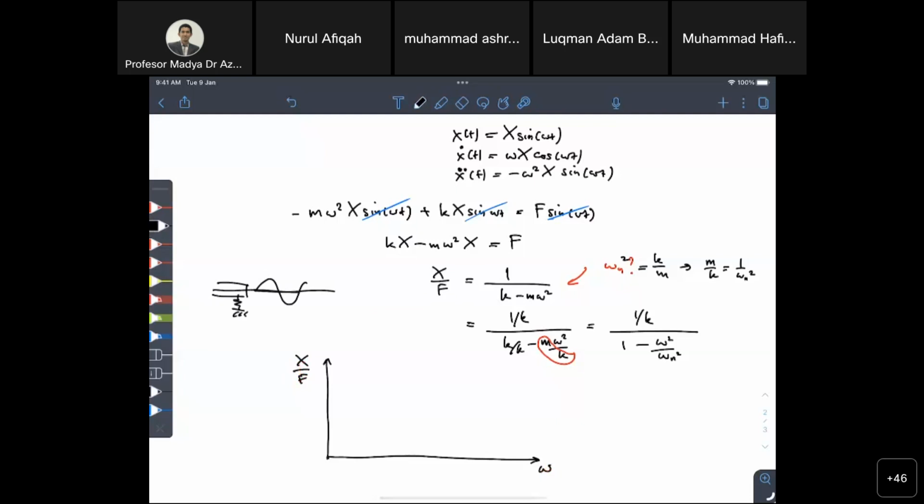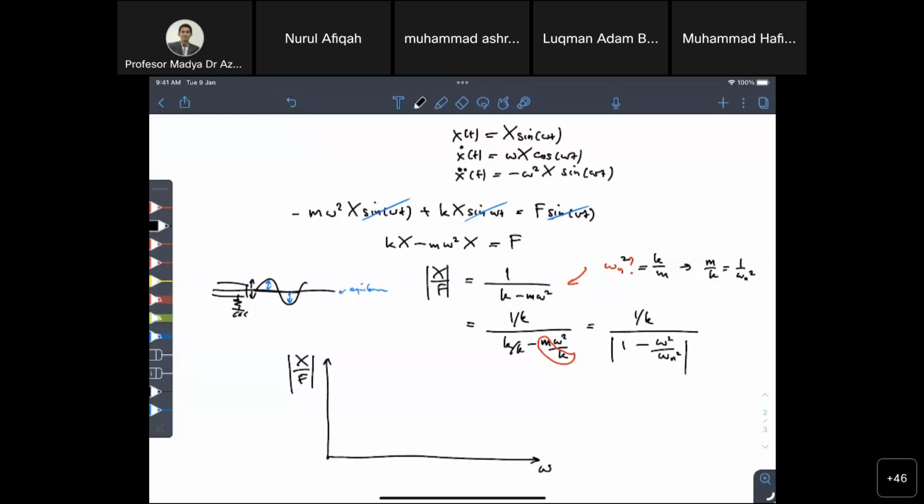What we are interested in is the amplitude around the equilibrium. So if this is equilibrium, we are interested in the amplitude of vibration. So then here we put the absolute value. If it is negative, it becomes positive. So this whole thing is absolute.